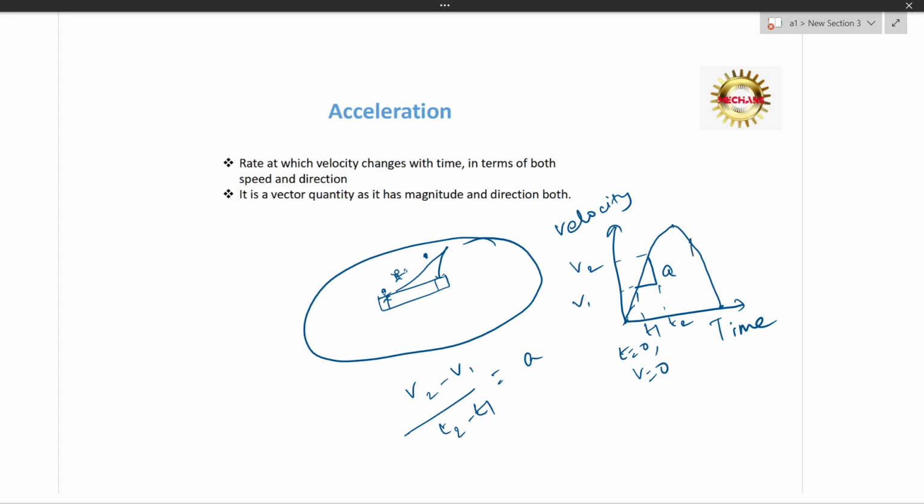If you consider the same slope here, but negative, it is called deceleration. This is the difference between acceleration and deceleration. Here he is reducing his velocity; here his velocity is increasing. Here is a positive slope, here is a negative slope. So acceleration is also the slope of the velocity-time curve.